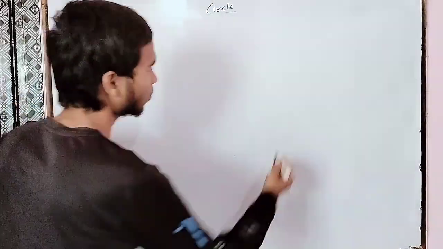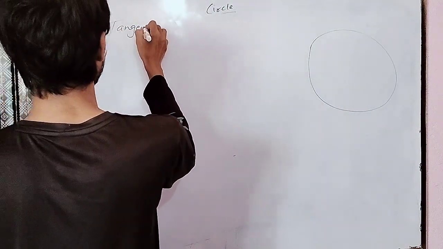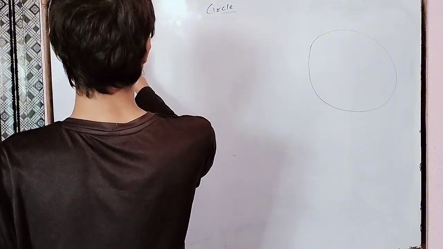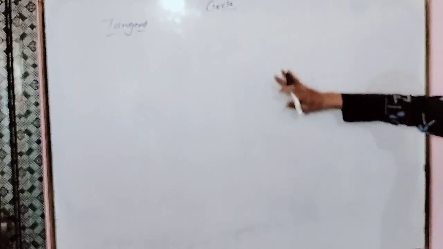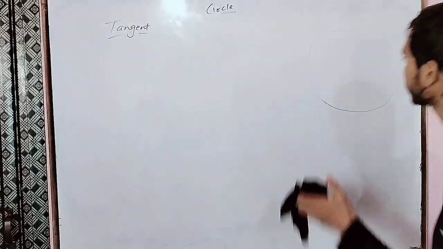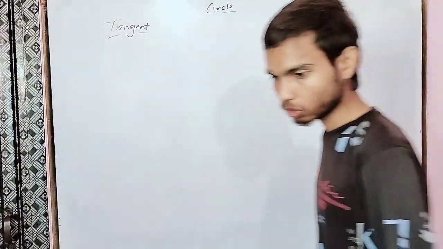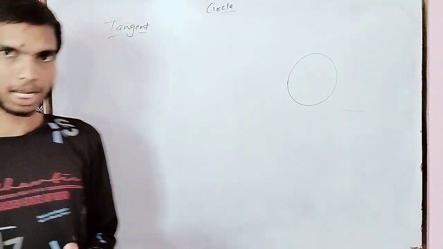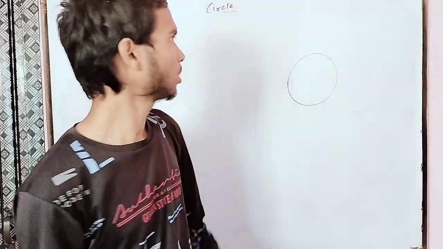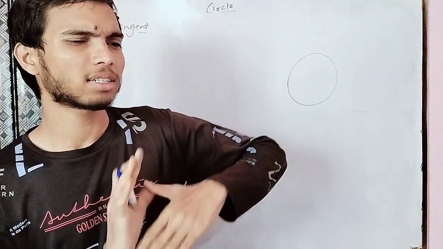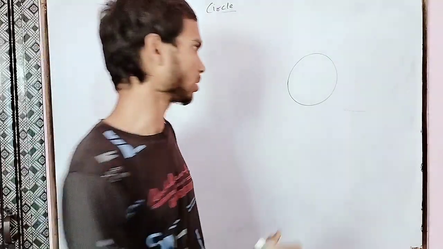Now here, what is a tangent? The meaning of a tangent is, carefully try to understand, a line which touches the circumference of the circle, like that.